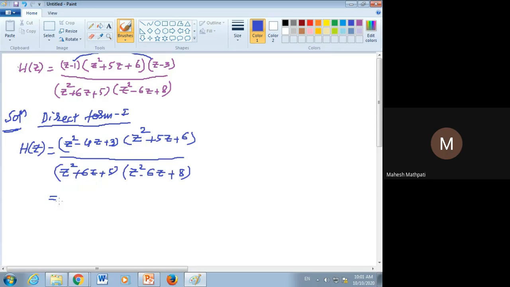Just multiply both the brackets in the denominator as well as the numerator, and tell me the answer. Yes, anybody has got the answer?